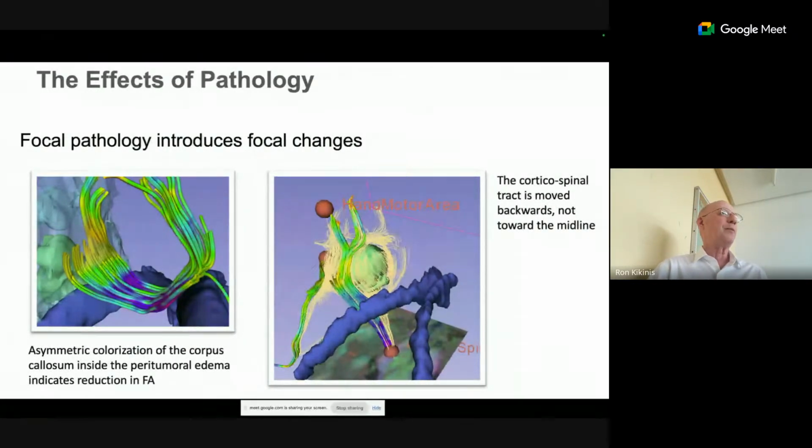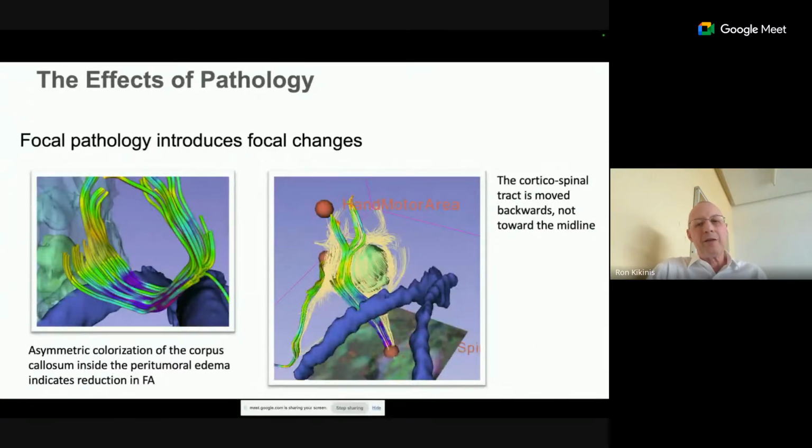If you look at this U-shaped structure, which is some of the corpus callosum fibers, you see that the part close to the tumor is yellowish instead of green like it is on the other side. And this is because the colorization that you see here is the fractional anisotropy, and the tumor has basically modified FA in the peritumoral edema region.